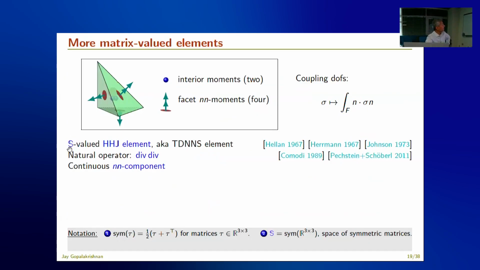A symmetric matrix valued finite element, which has a continuous NN component and simple degrees of freedom, or at least simple coupling degrees of freedom, just the moments of sigma NN. Now, originally the HHJ element was in 2D, and now we understand the TDNNS is a 3D generalization of it, which has this sigma NN continuity.